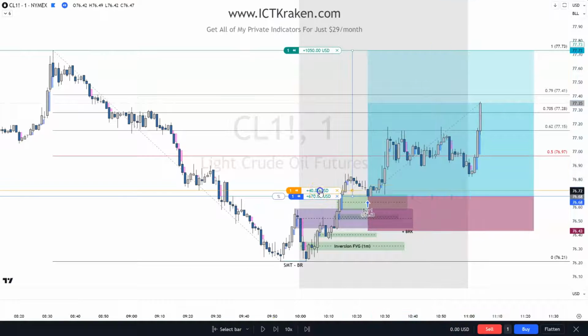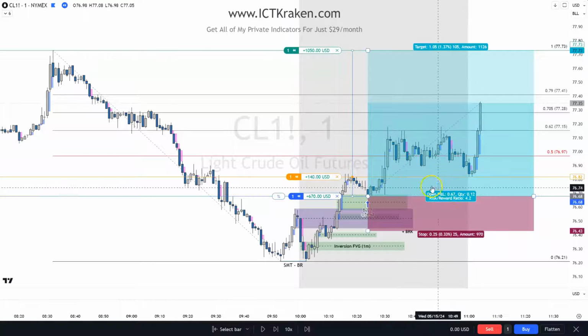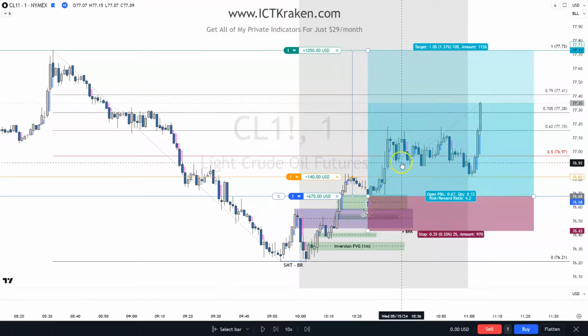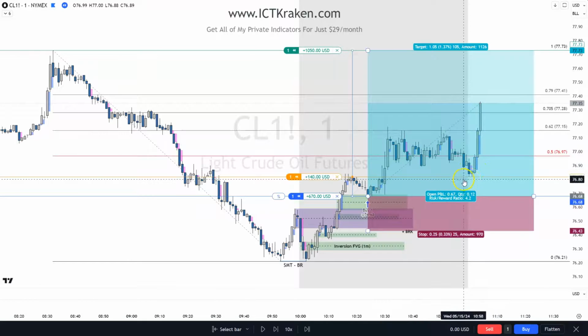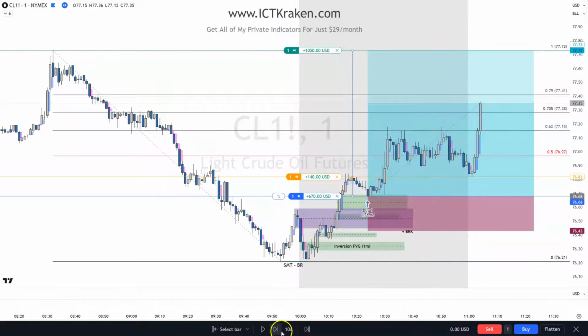Okay, so now I'm moving my stop to here. Why am I doing that? Well, there's no reason. They already swept all these lows here. There's no reason for them to take this low when they're this high up, unless they're going to go lower. I don't see a reason why they would do that. Plus, you got one PD array here, two PD arrays. Looks like it's forming a potential third, depending on the next candle. So let's see.